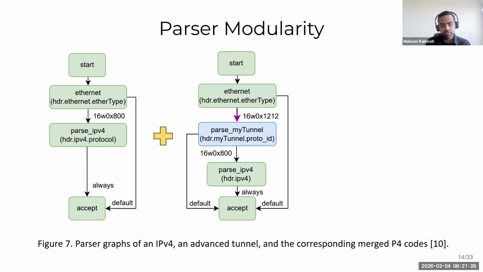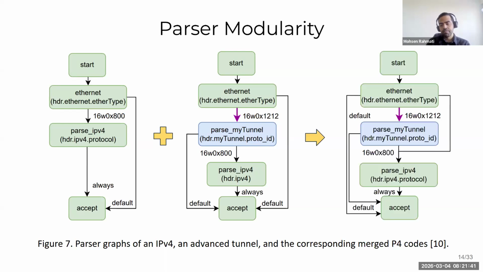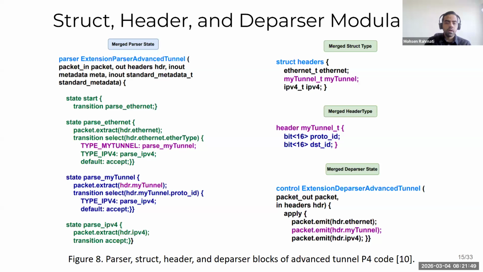But because we have parse_IPv4 in the base parser as an equivalent node, we keep it in the base and just merge parse_my_tunnel into the merged parser. Okay, this is for the parser part.